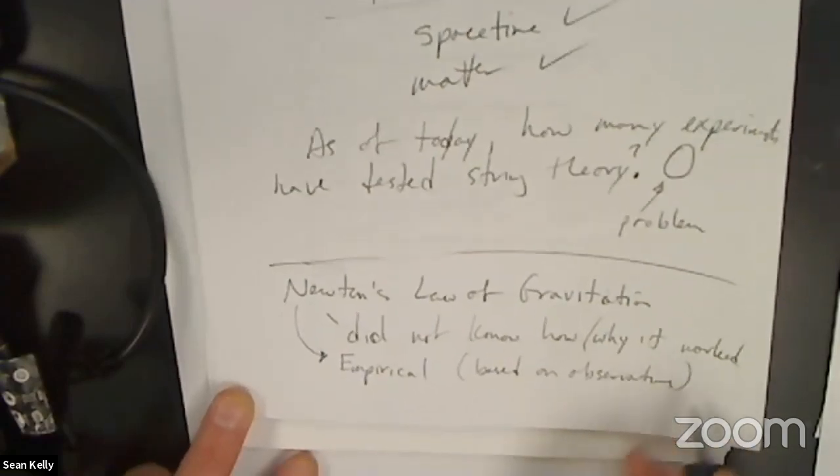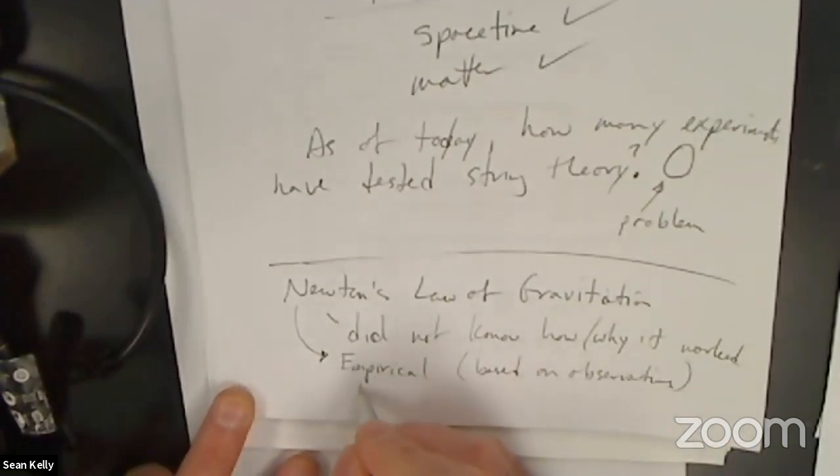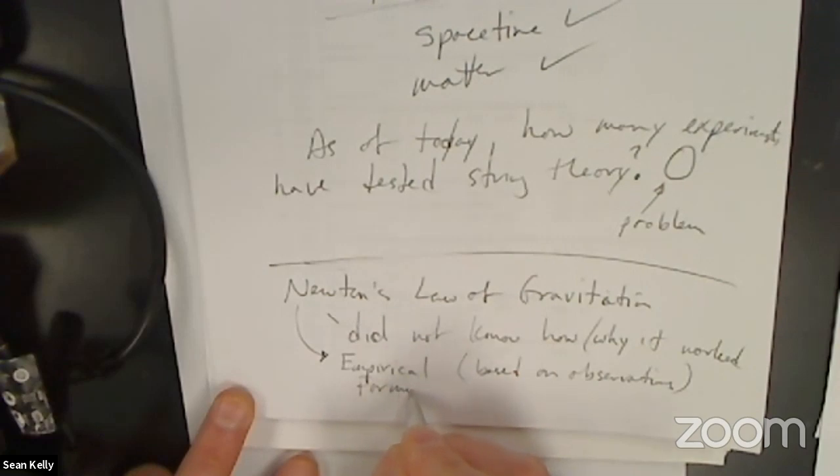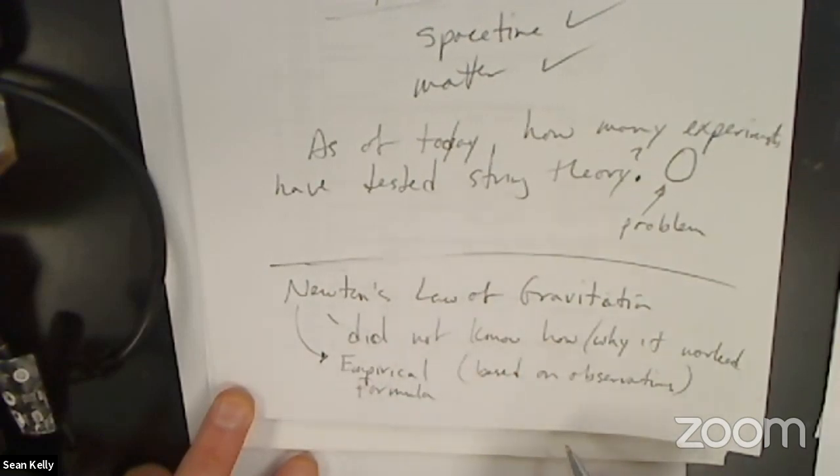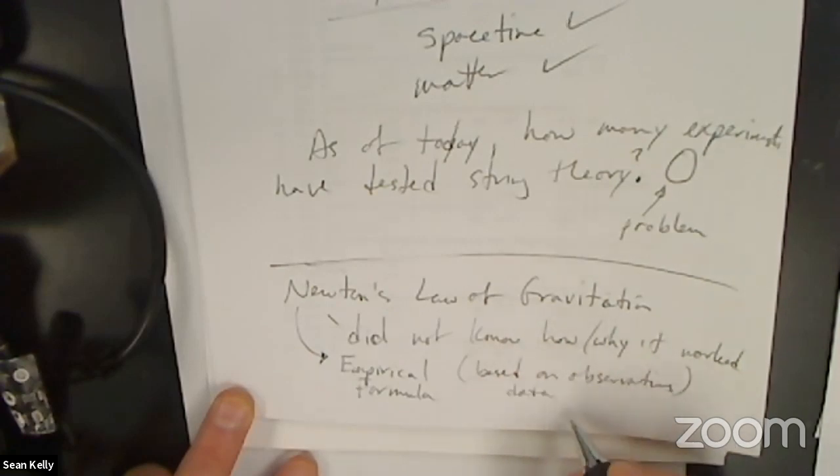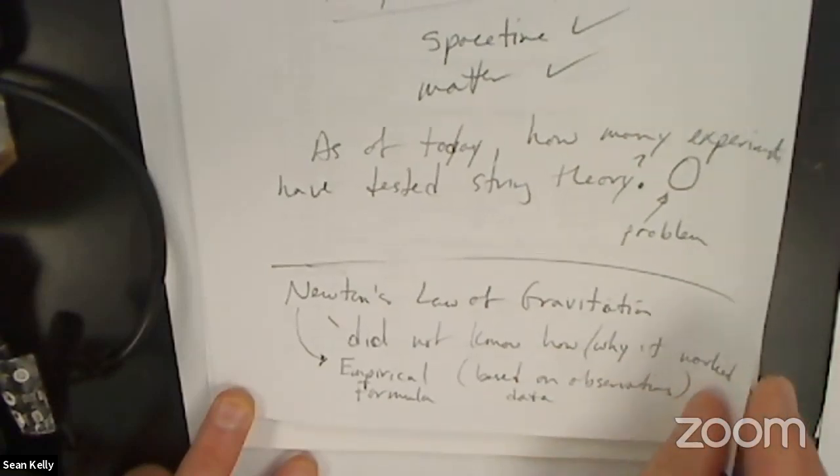An empirical formula, an empirical law is based on data that you collect. It has hard data, but it's not based on an underlying theory of how the system works.